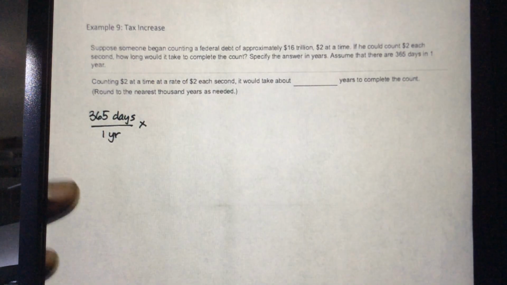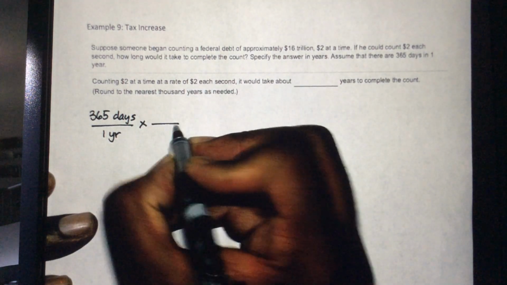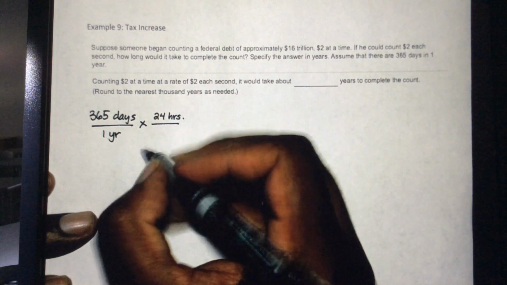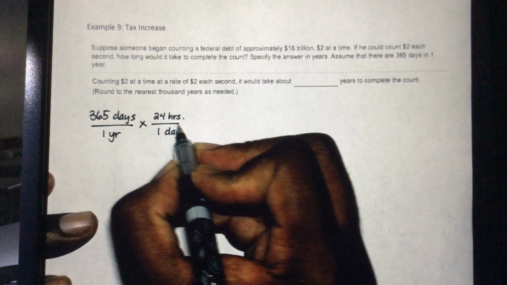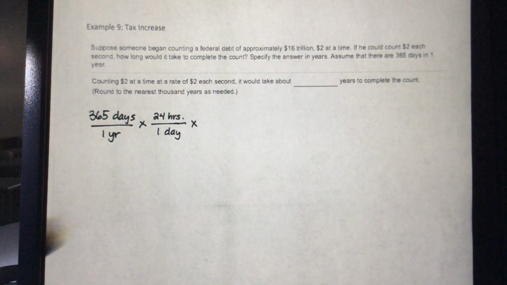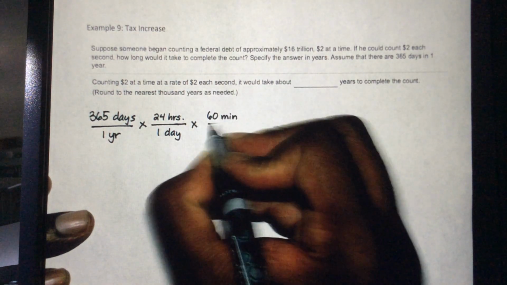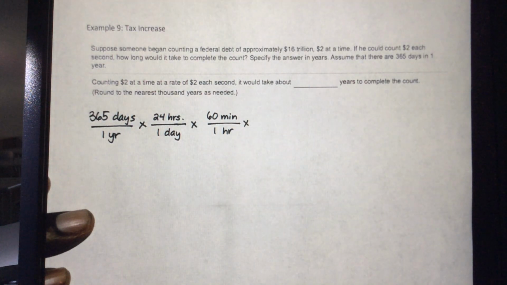Now we're going to have to think about this. In one day, there are 24 hours. So we need to multiply that by 24 hours. I'm going to put that in the numerator, where I'm converting from days to hours. That goes in the denominator. Now, every hour has 60 minutes in it, so we need to multiply that by 60 minutes per 1 hour. And for every minute, there's 60 seconds.